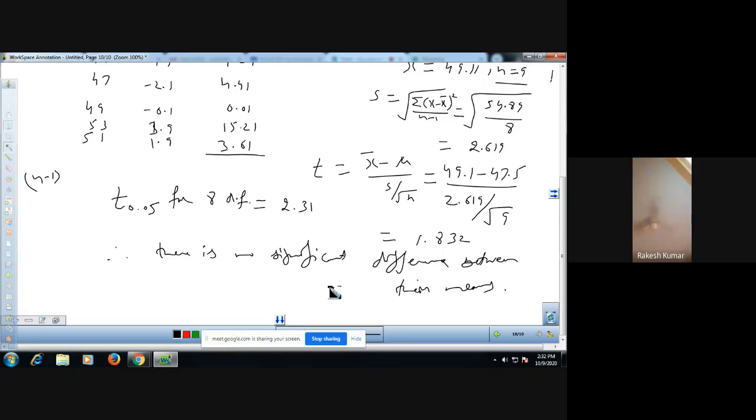So this is the question of acceptance, and the last was the question of rejection. And this is the application part of the t-test or t-distribution. So in this way, we can apply the t-test.